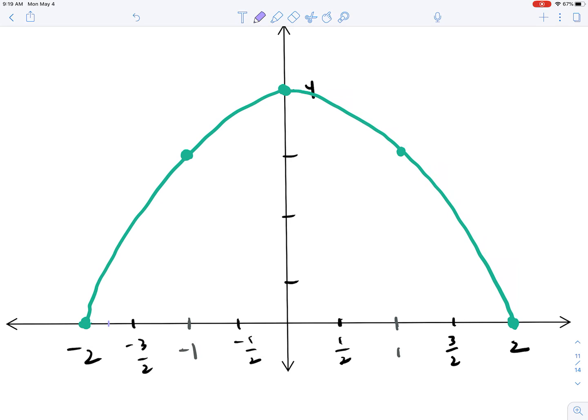Let's go rectangle by rectangle for determining the area. So if we're using the midpoint, halfway between -2 and -3/2, which -3/2, remember, can be written as -1.5, is going to be -1.75.